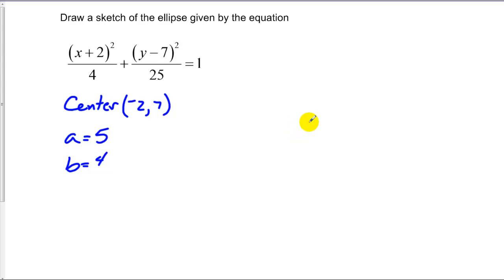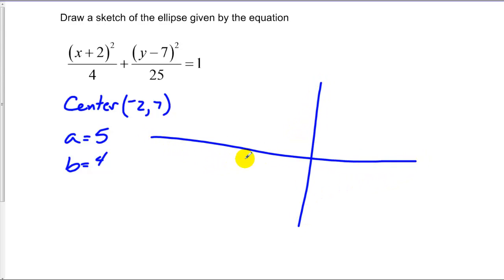So I should be able to sketch an ellipse just from this. Here's (-2, 7), and then I go over 5, and I do that vertically. So there's 7, and then I go up to 12 and put a dot up here.